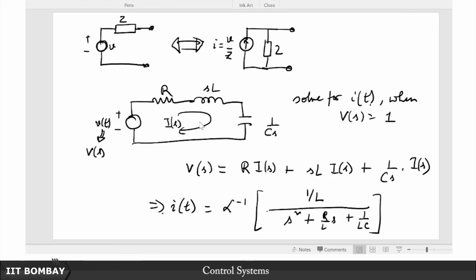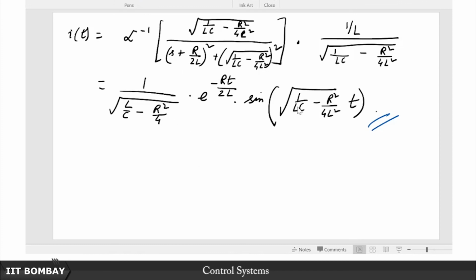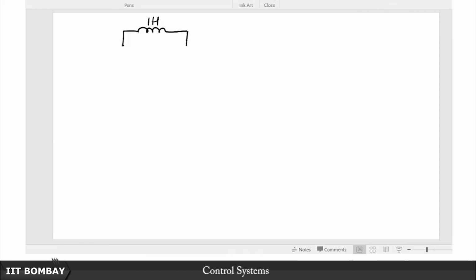In case some of you might have felt that this is after all a well known differential equation, we could have done it by the classical method. I mean, it's not as if the Laplace transform has drastically reduced our effort, because after all we've had to do all of this algebraic manipulation. But now this example should hopefully convince you about the power of Laplace transform.